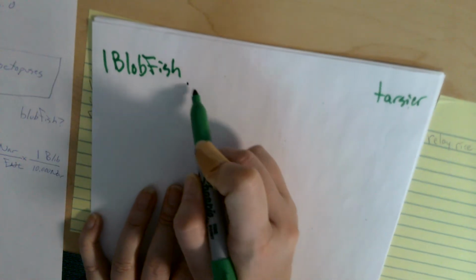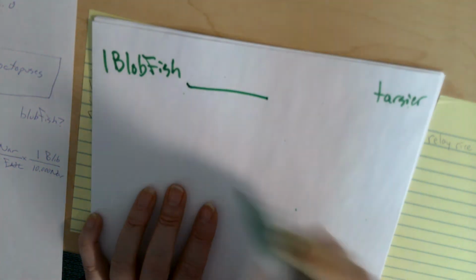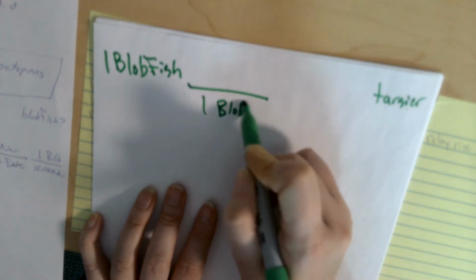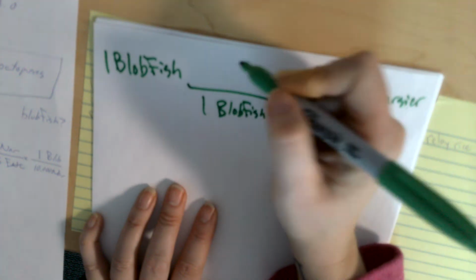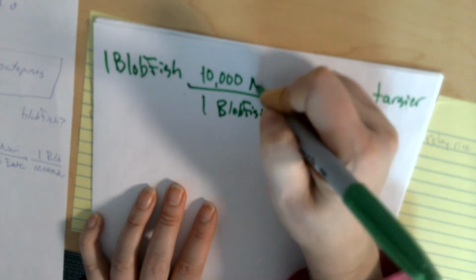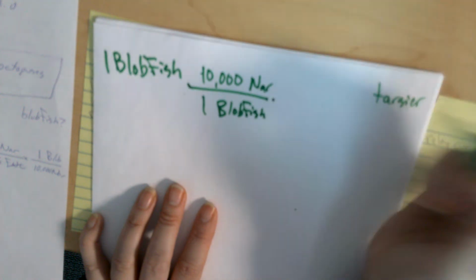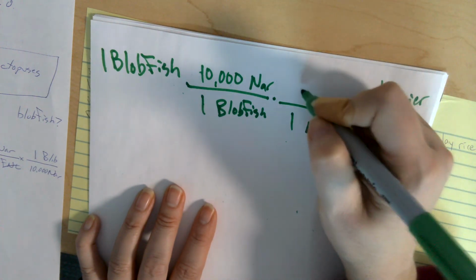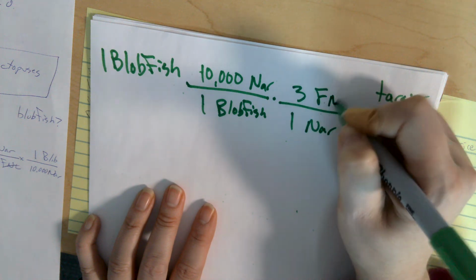So I know from what I showed you guys, 1 blobfish is 10,000 narwhals. And I know I have 1 narwhal and 3 frill neck lizards.